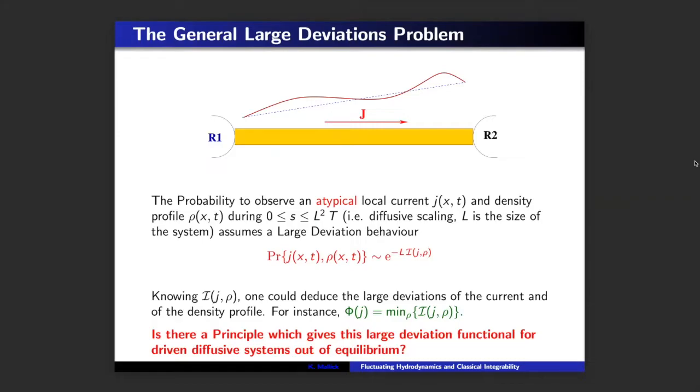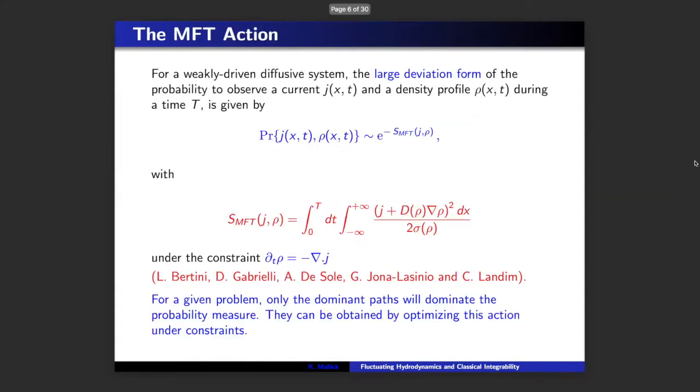And the question is that, okay, it's good that this exists, but as physicists, we would like to have some ansatz or some principle to compute this large deviation functional, this I. And fortunately, there is such a principle. It was suggested and put forward by the group of Giovanni Jona-Lasinio in Rome, Lorenzo Bertini, Davide Gabrielli, Alberto De Sole, Gianni, and Landim, I forgot his name.